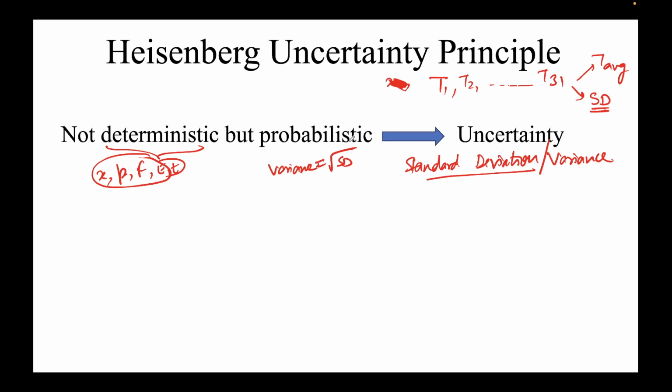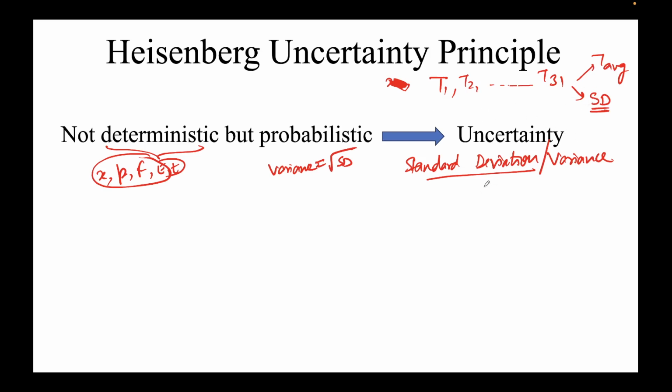We are talking about probability, right? So we don't know whether the particle is at position 1 or position 2, whether momentum is P1, P2, P3. So we take multiple readings, just like I did with the temperature, and I take an average, which is called the mean, and then I take a standard deviation, which is known as the uncertainty.